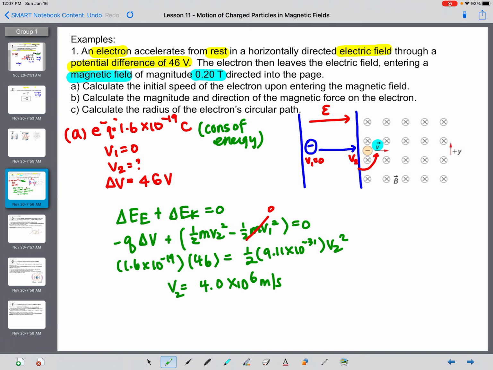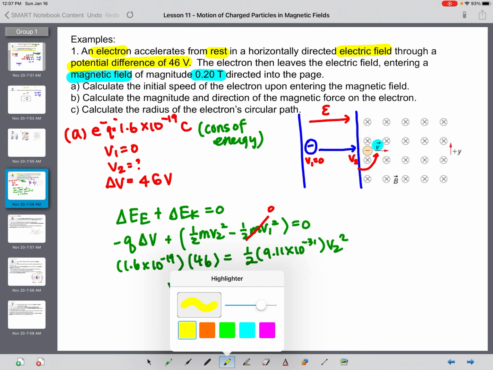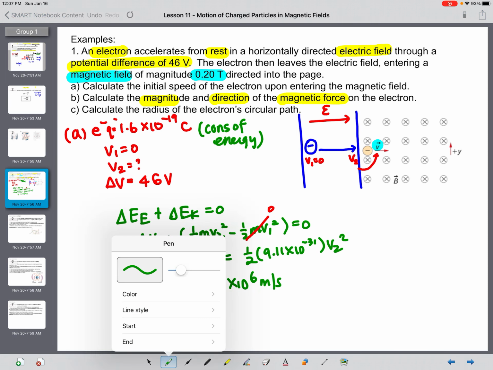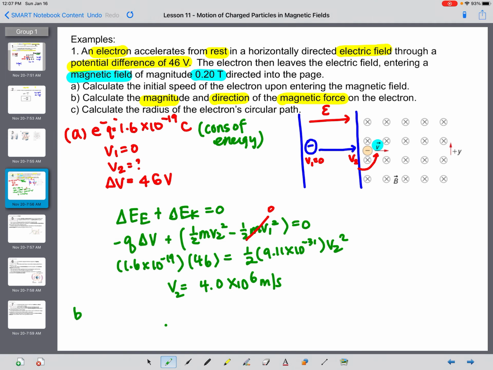Okay, second part, let's see what they're asking for. Part 2 is asking for the magnitude and the direction of the magnetic force. So they want you to calculate Fm. Fm is qvB. You can put sine theta if you want, I'm just going to drop it.